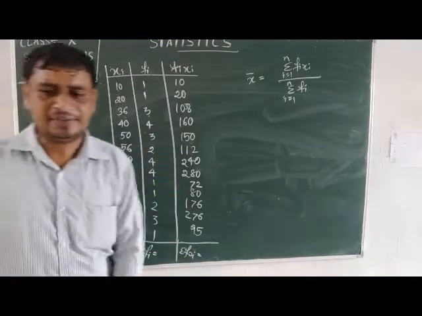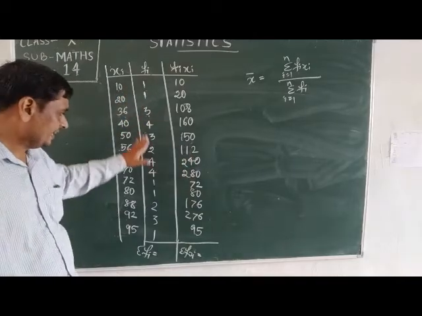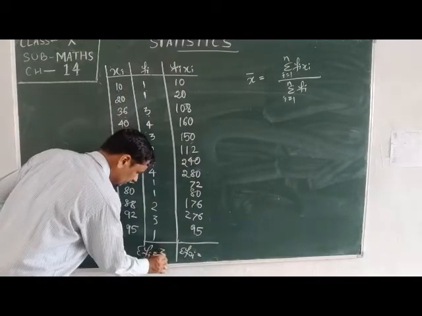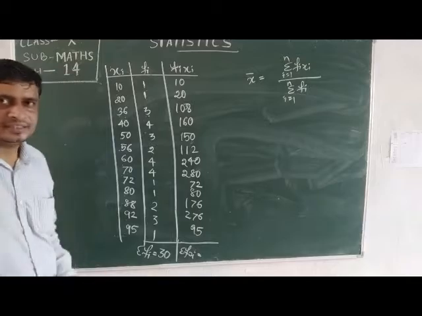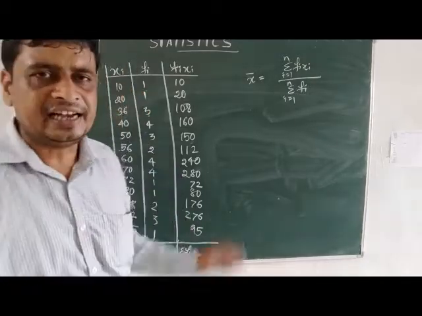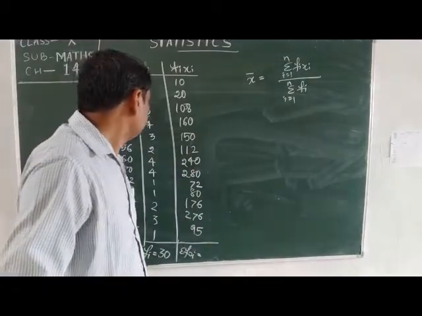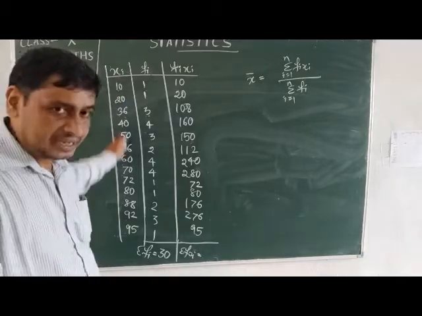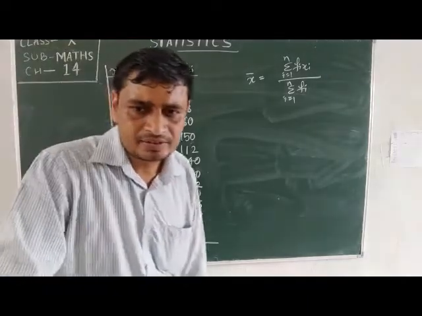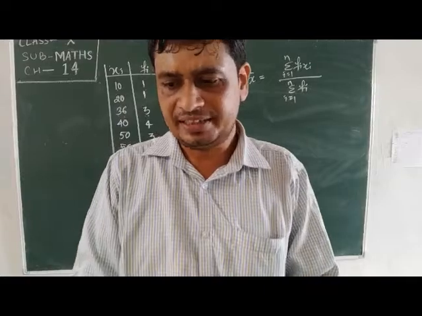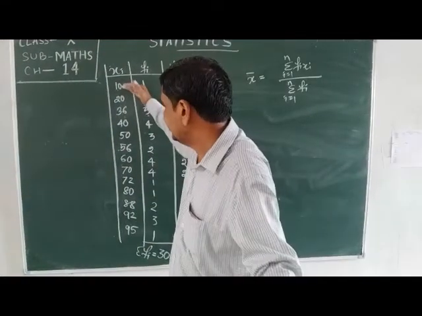Here the sum of fi, when we add all this, we get 30. That means 30 different marks are there, like 10, 20, 36.